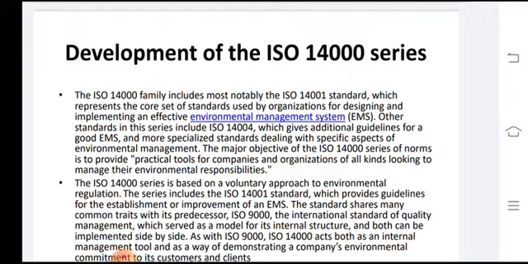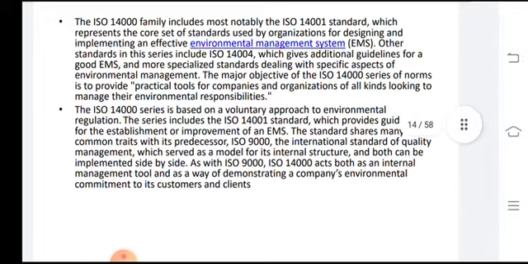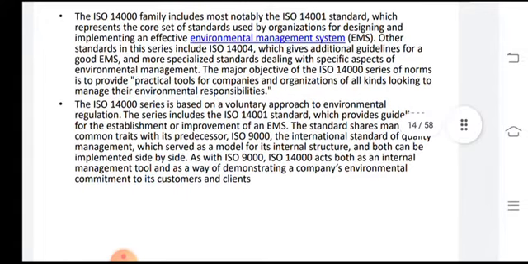The ISO 14000 series is based on a voluntary approach to environmental regulation. The series includes the ISO 14001 standard, which provides guidelines for the establishment or improvement of an EMS.